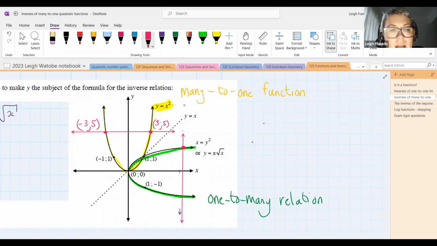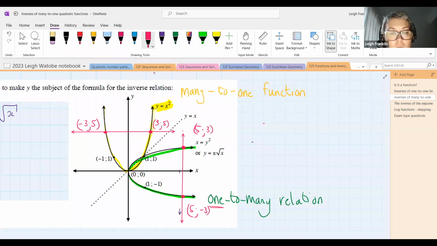Okay, so if that is the point 5 and 3, over here, this would be 5 and -3, right? So I cannot have the same x having two different y's. Then it's not a function anymore. Right, it's no longer a function. It is now referred to as a one-to-many relationship.